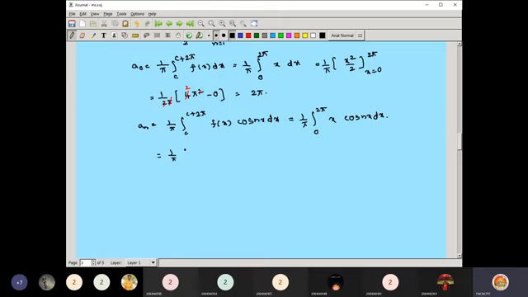So 1 divided by pi. So it is nothing but uv integration, that means integration by parts. So x you keep as it is.